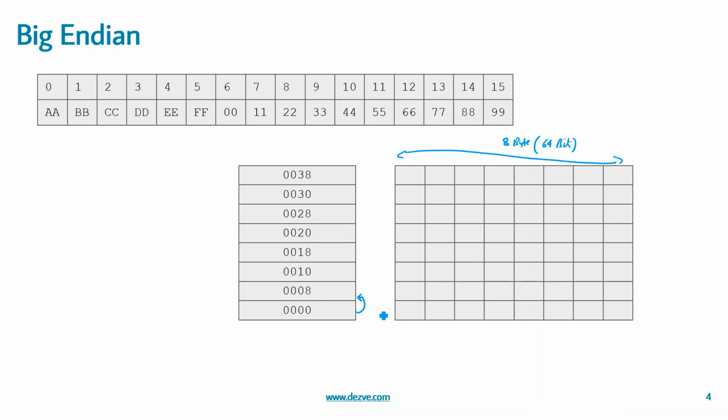And then within a row, when I receive AA, what big endian assumes is that this is the 0th byte, this is the first byte, this is the second byte, third, fourth, fifth, sixth, and seventh. So it assumes that the data would be stored in this order. AA would come here, BB would come here, CC would come here, and so on.